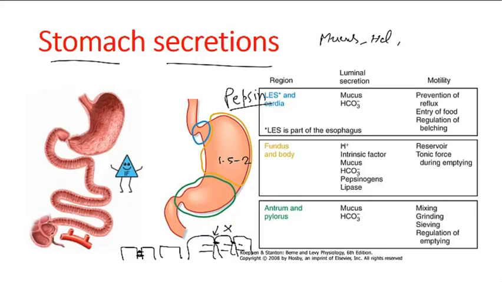Mostly it's produced by the fundus and the body. You see the proton content listed here, and the pH scale represents a 10-fold change per unit. For example, a pH of 2 in the stomach is compared to the mouth, which is 7.